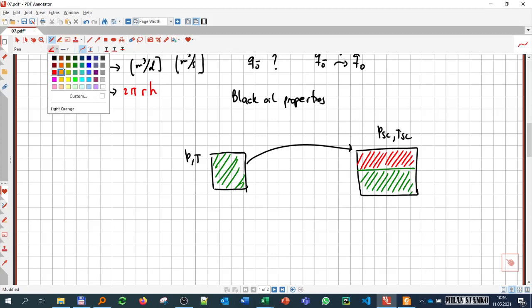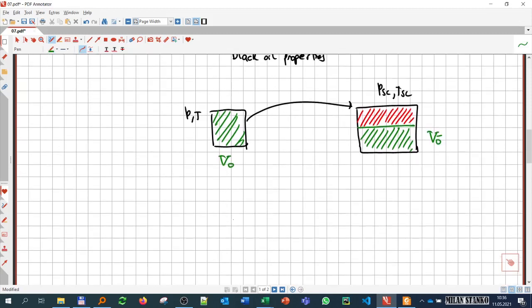So you can say that here you have some volume of oil at standard conditions, and here you have some volume of oil at local conditions. I define the oil volume factor BO, as a function of pressure and temperature, as the volume of oil at P and T divided by the volume of oil at standard conditions.